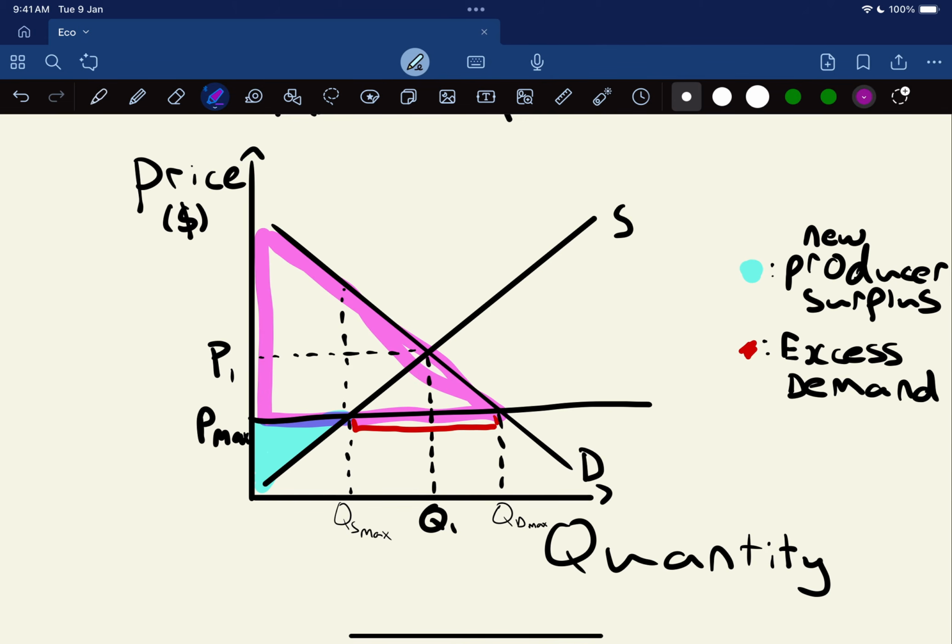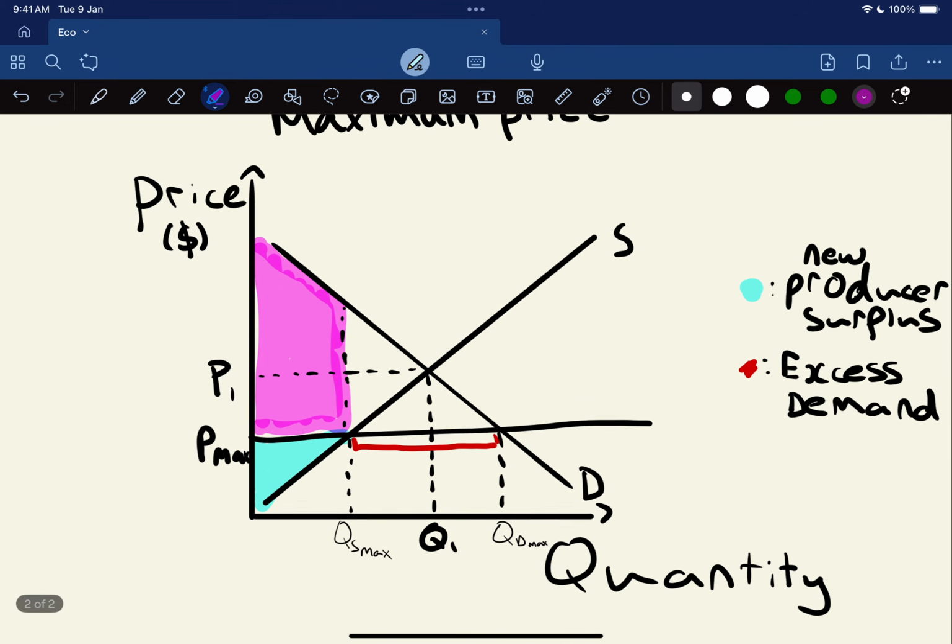But the goods in this section in here aren't actually being sold, because producers aren't selling them. They aren't producing those goods. So our consumer surplus is this area in here, okay? Just color that in.